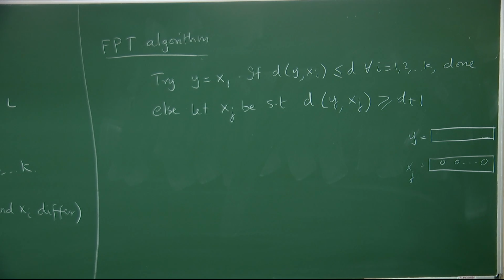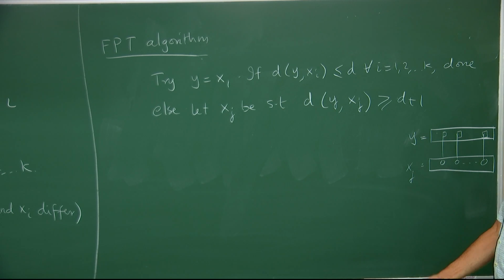So, let us look at these positions. I claim that in the final solution we are after, at least in one of these positions, the actual value must be equal to this character. That is the learning.